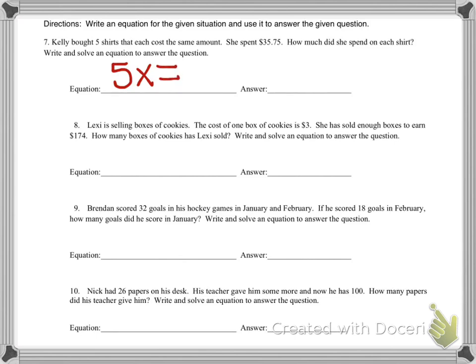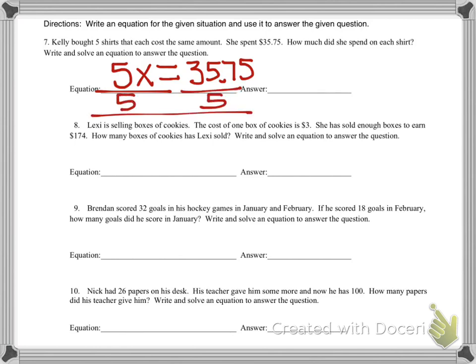When you add it all up, it's going to be $35.75. And then in order to find the answer, I would have to divide each side by 5. And I would get X equals $35.75 divided by 5 is $7.15, I believe, if that's correct. I believe it is. X is $7.15. That means every shirt is $7.15.